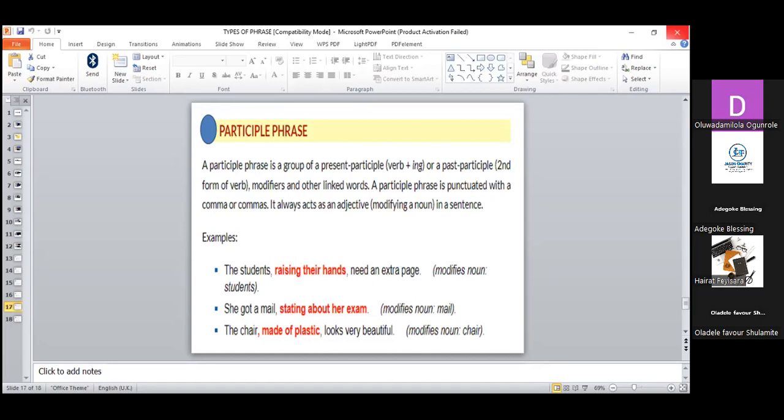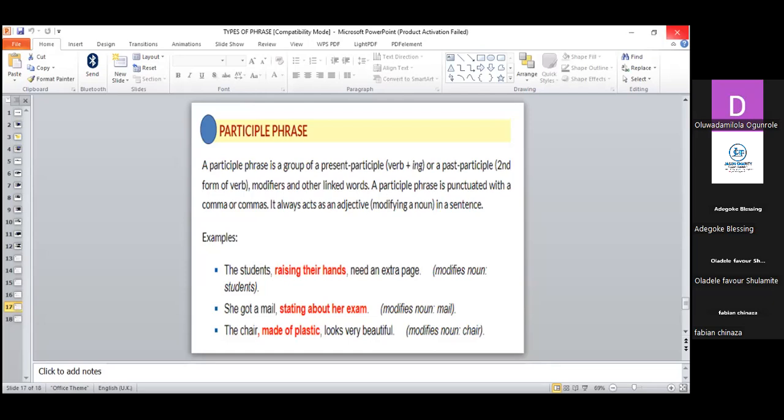A participle phrase is punctuated with a comma to tell you that it is part of the subject or the object. It is just that there's a bit of rest or pause to give us the opportunity to give more information about it. And the last one, as you have it, the chair made of plastic looks very beautiful. If you examine those sentences very well, you realize that if I remove those highlighted expressions, you still have a perfect clause or sentence.